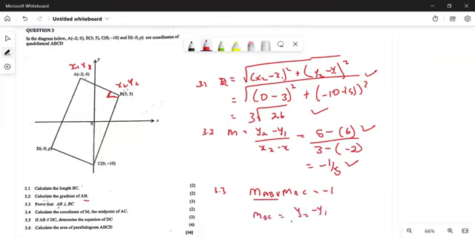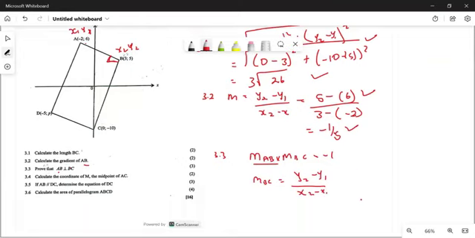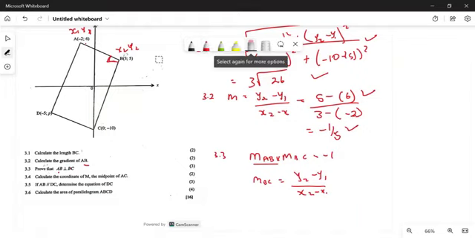Y2 minus Y1 all over X2 minus X1. Okay, this one is X1, Y1 again. X2, Y2. Okay, what do you get here?